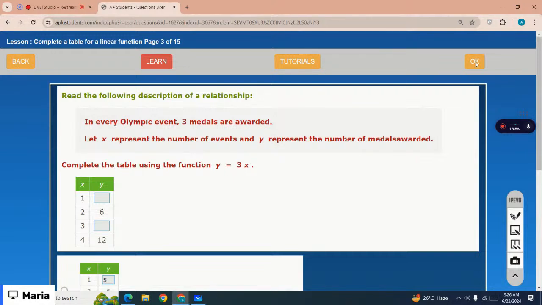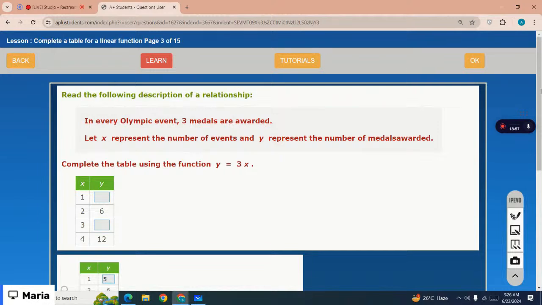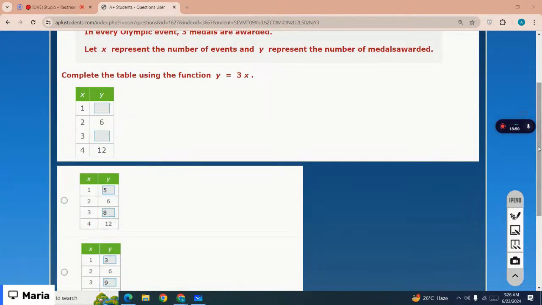Okay, complete the table using the function y equals 3x. So which is the correct option? You have to calculate the value of y when x equals 1 and x equals 3.